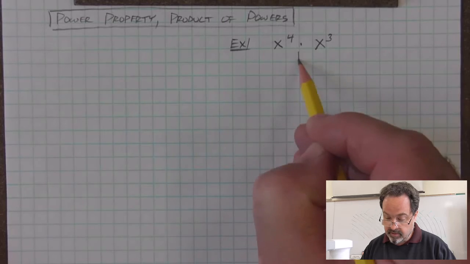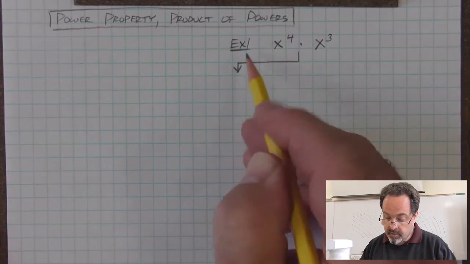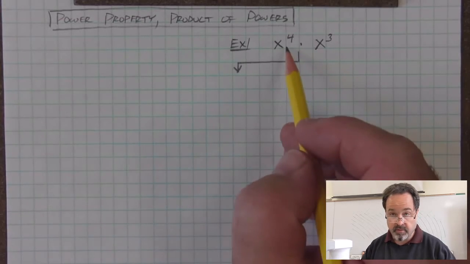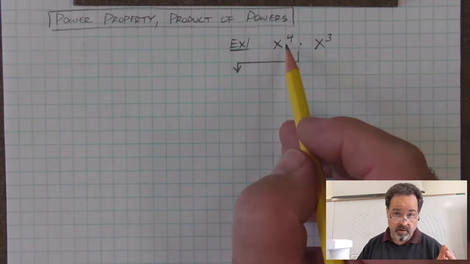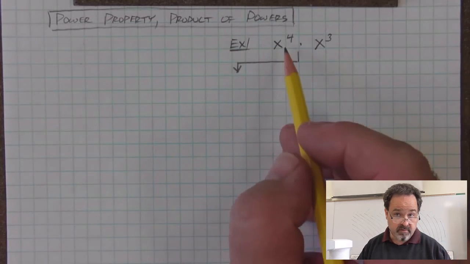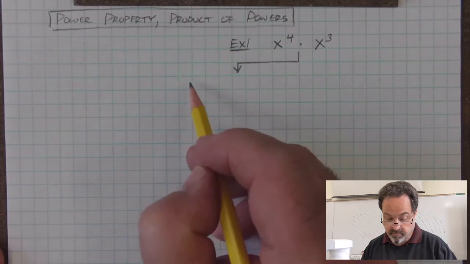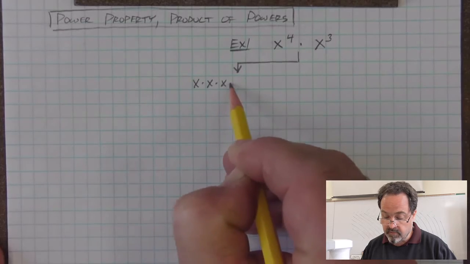There is a longer way to reason how to simplify by being reminded that a power is repeated multiplication. So x to the fourth means multiply x, the base, by itself 4 times. X to the fourth means x times x times x times x.